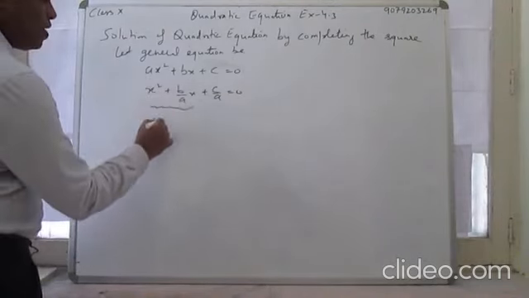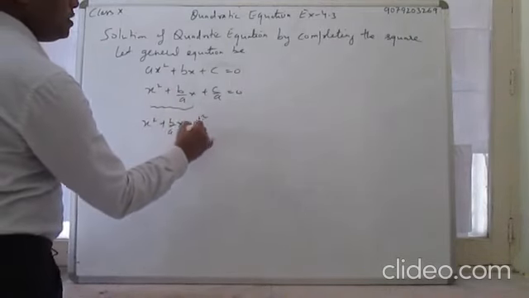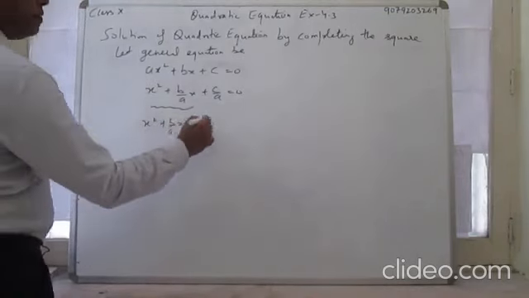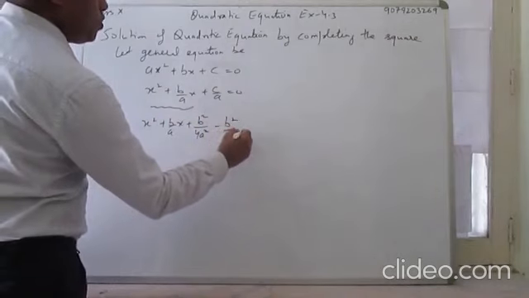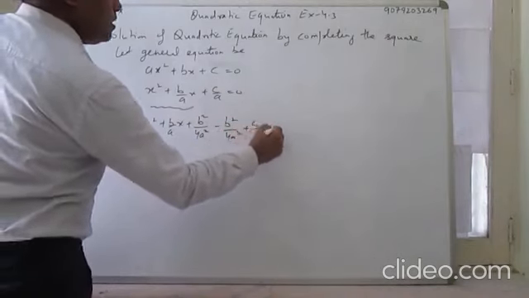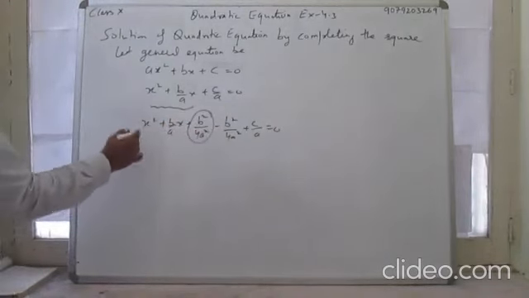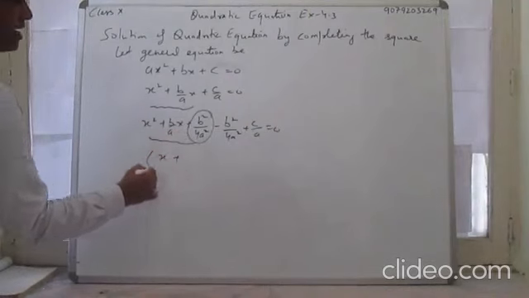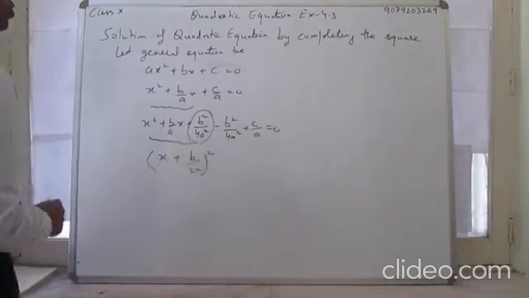So x square plus b upon a x plus b square upon 4a square minus b square upon 4a square plus c upon a. If I add and subtract this, instead of this you can write x plus b upon 2a whole square.